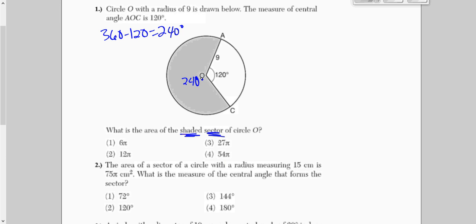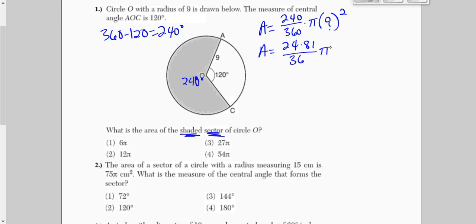All right, so we have a radius of 9, the angle of 240 for the shaded sector, so area equals this fraction, 240 out of 360 times pi times 9 squared. All right, we can simplify this, so area is divided by 10, cut the zeros off, 24, let's bring this 81 over here, over 36, pi, don't forget the pi, it stays in the whole way, okay? 24 out of 36, we can divide both of those by 12 and reduce it to 2/3.